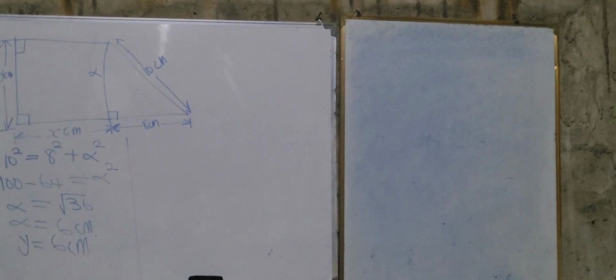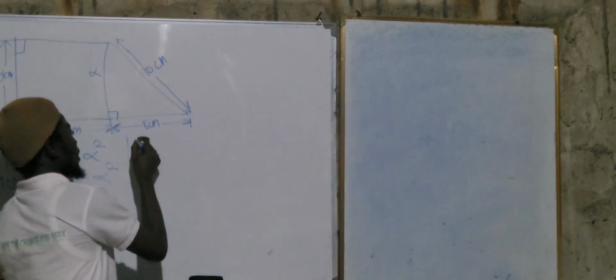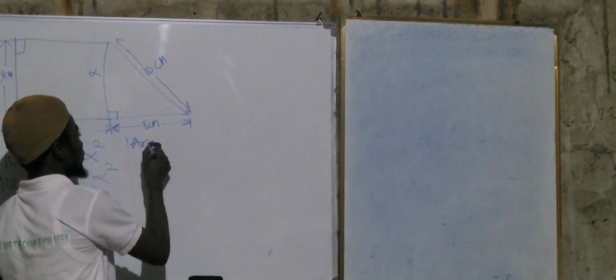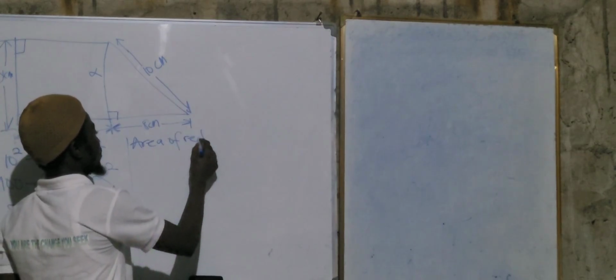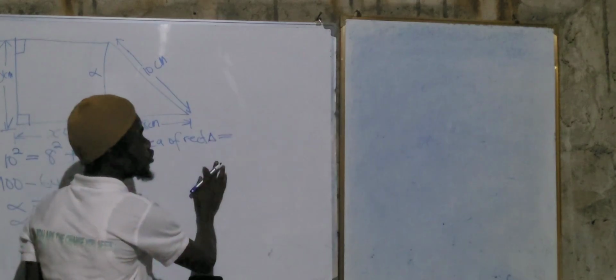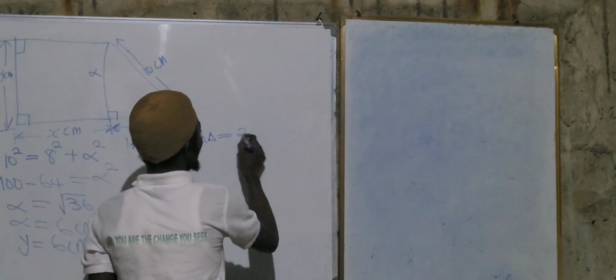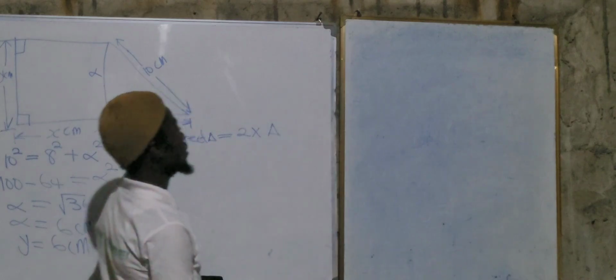And B, the area of the rectangle is twice the area of the triangle. Now, this is a rectangle, right? Yes, sir. Area of the rectangle is equal to twice, that means 2 times, the triangle, right? Are we okay here?